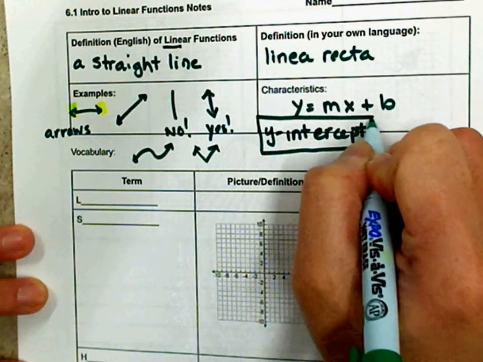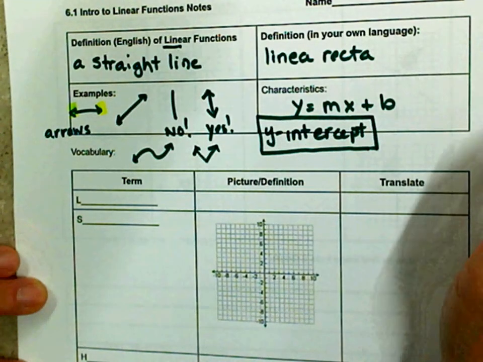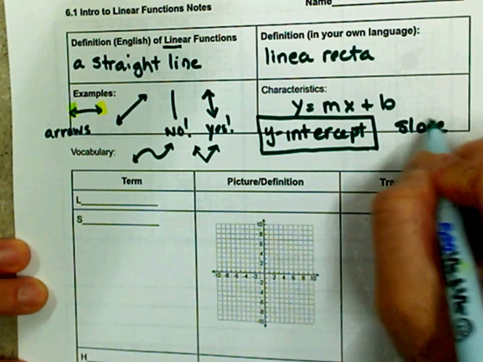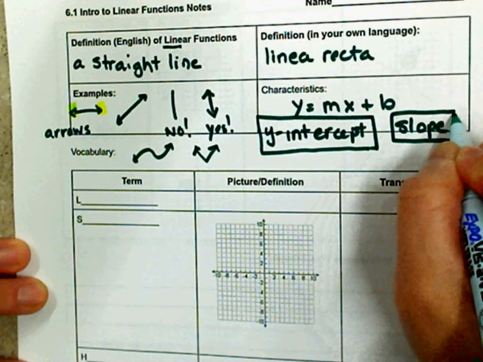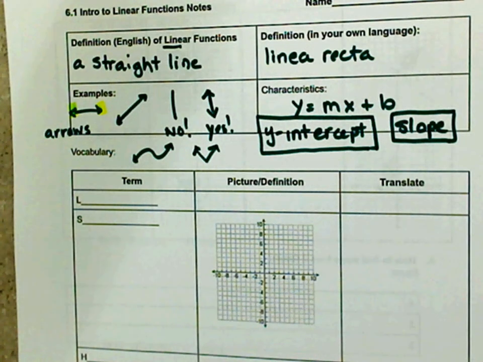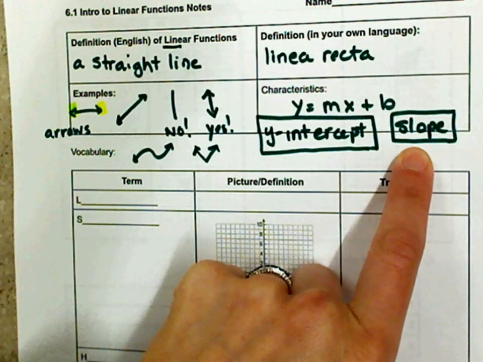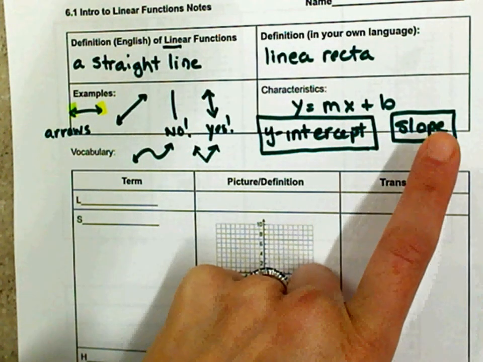It's going to cross the y-axis somewhere. It will have a y-intercept, and it will also have a slope. Those are the two things it will always have, a y-intercept and a slope. All right, we are going to focus on the slope for now. That's all I want you guys to look at, is the word slope, okay?